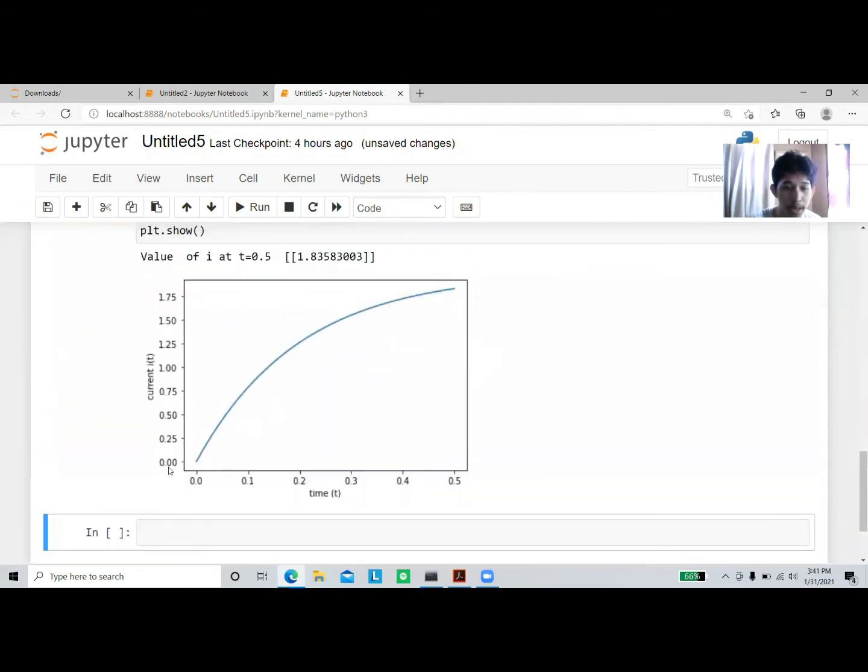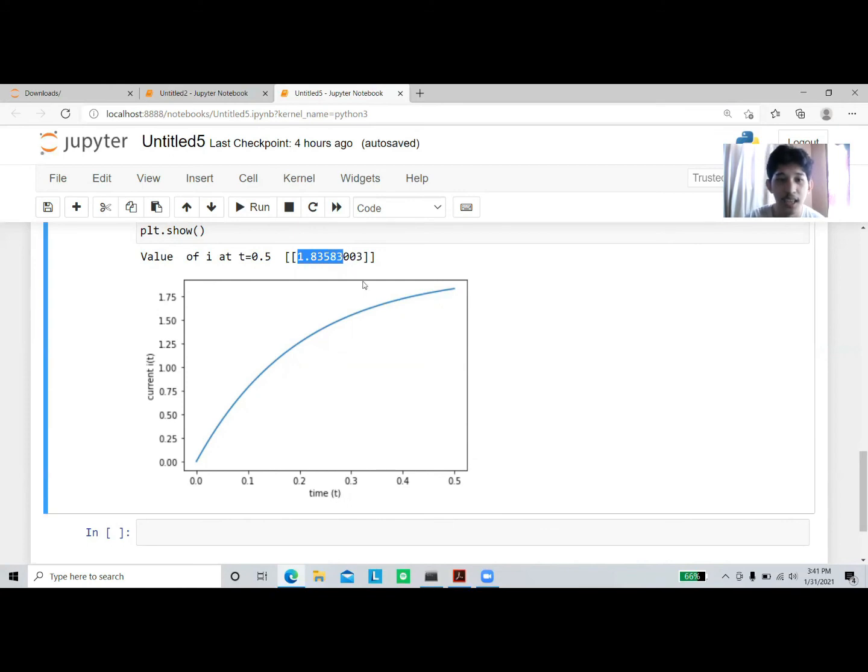This is the graph of the current that is flowing in this circuit at time t. You can see from the initial value that we had earlier that the initial current of the circuit is 0 if time t is equal to 0. If time t is equal to 0.5, the value is 1.83583.